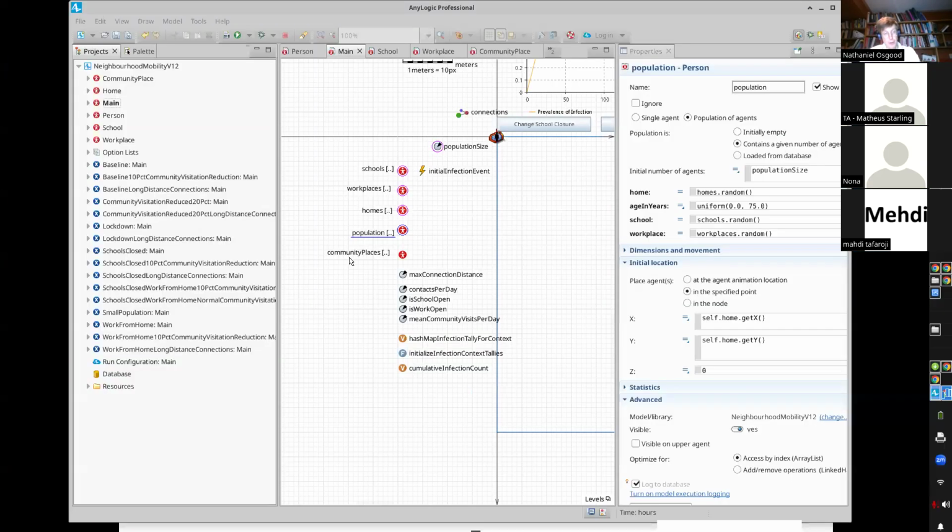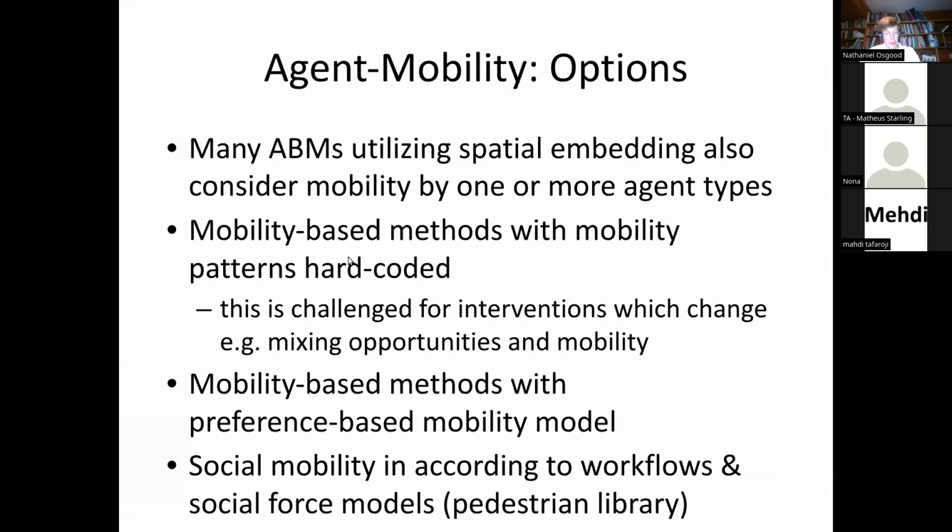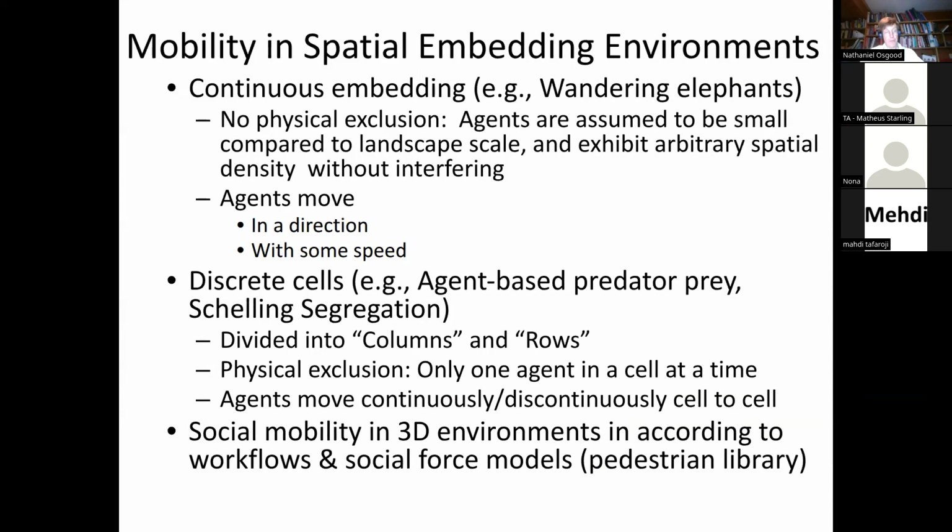In space, we've had them moving, and mobility induces very interesting patterns beyond just spatial embedding. It can speed up the spread of things over the network, whether it's infection or disinformation or aspects of ideation or innovation or what have you.